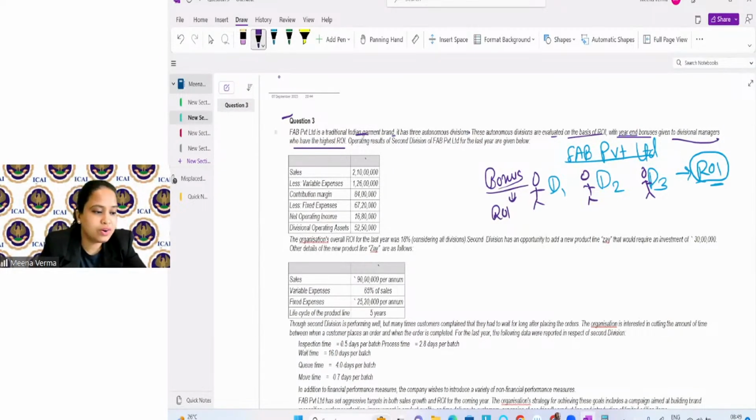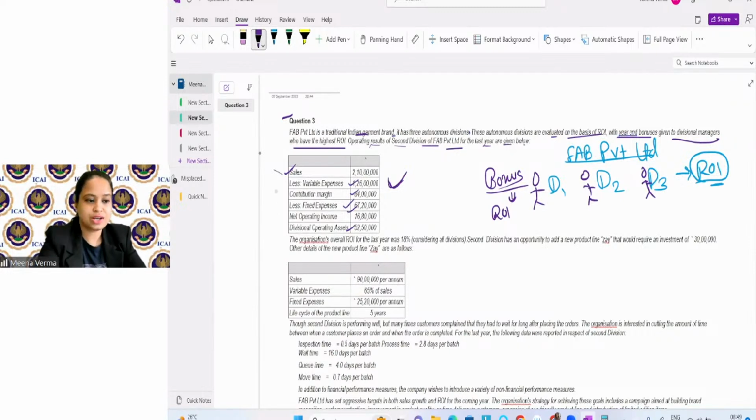Then the operating result of the second division of Fab Private Limited for the last year was this. Operating result is given here for the second division. Sales is given for the division, variable expenses given, contribution margin given, fixed expenses given, net operating income given, divisional operating assets given.